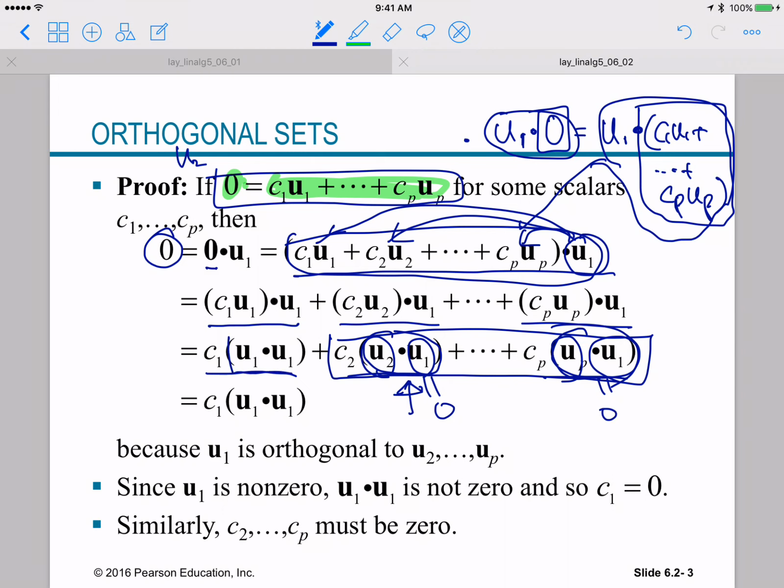And this other term is the inner product of u1 with itself. Let me ask: first of all, is this a scalar, a vector, or even a matrix? The inner product between the same vector is what, a vector or a scalar?